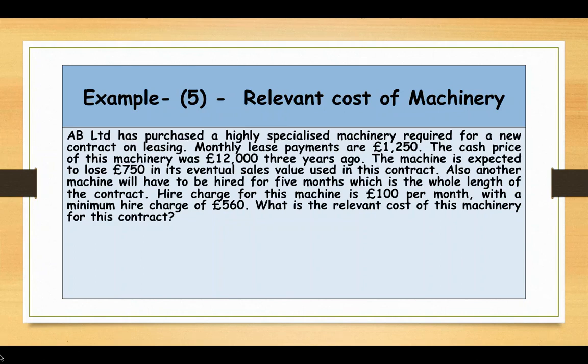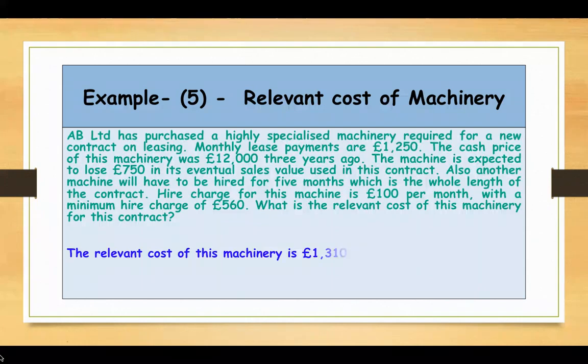So the hire charge per month is £100, but there is a minimum hire charge. So you've got to pay £560. So in this case, the hire charge is £560. Now the question is, what is the relevant cost of this machinery for the contract?